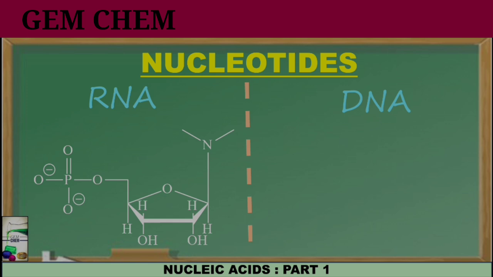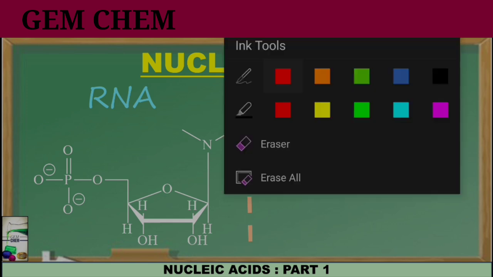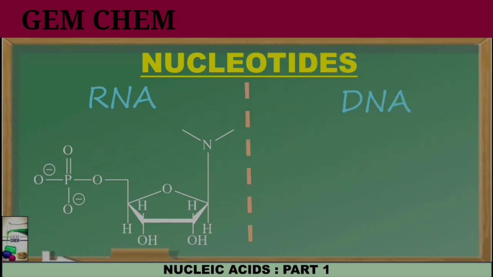From this carbon we can number as 1 dash, second carbon as 2 dash, third carbon as 3 dash, and fourth carbon as 4 dash. And this particular linkage between nitrogen and the carbon present, this is known as N-glycosidic linkage.